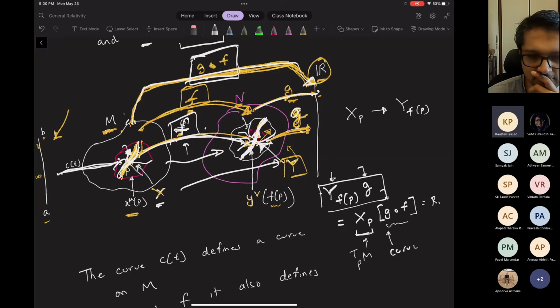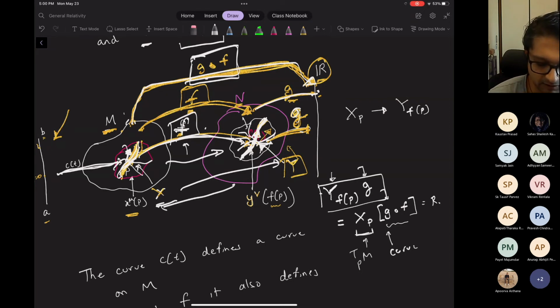Yes, it makes sense. But if f were a bijective function, then I think we could do it backwards. Then we could have constructed the relation with the Jacobian from y back to x if f were an invertible function. Yeah, excellent. That's a very good point, and we'll discuss that later.